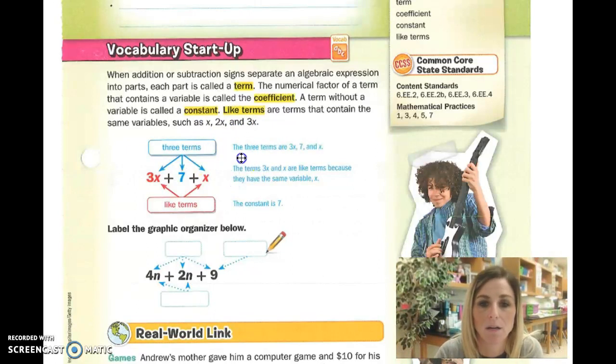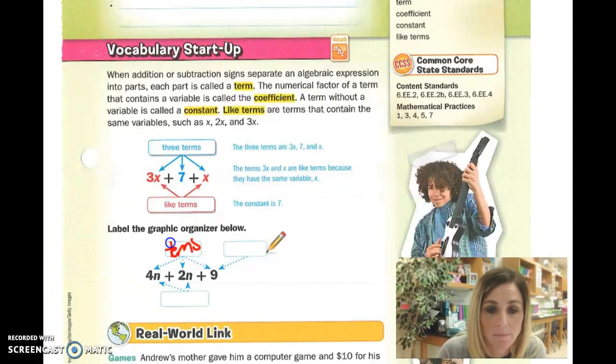So, taking a look here, the three terms are 3x, 7, and x. The like terms are 3x and x, and the constant is 7 because there is no variable with that. So down below, if we were to do this, we could fill this in really quickly, as this would be known as the terms.